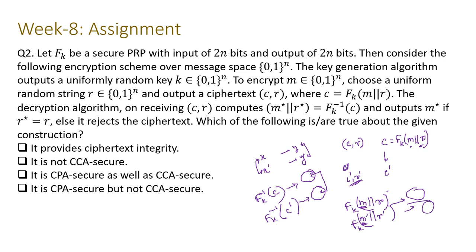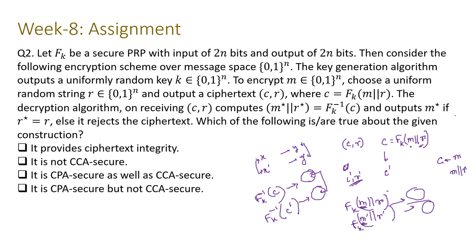Now validity will fail, because fk inverse will always map to some value of M dash and R dash, but then decryption will fail here because of this check of R dash and R.